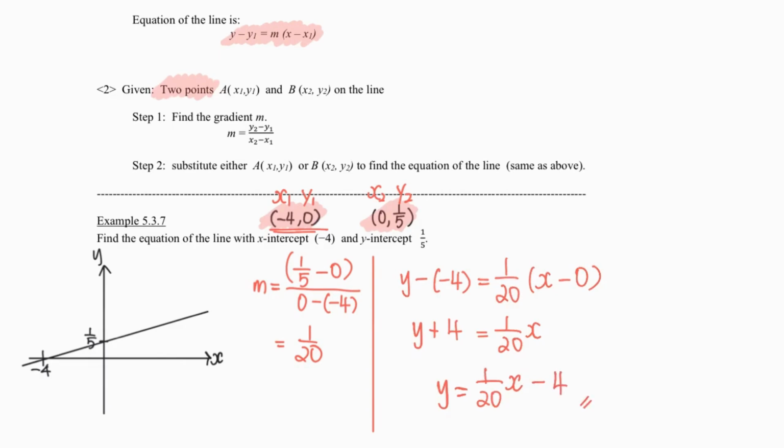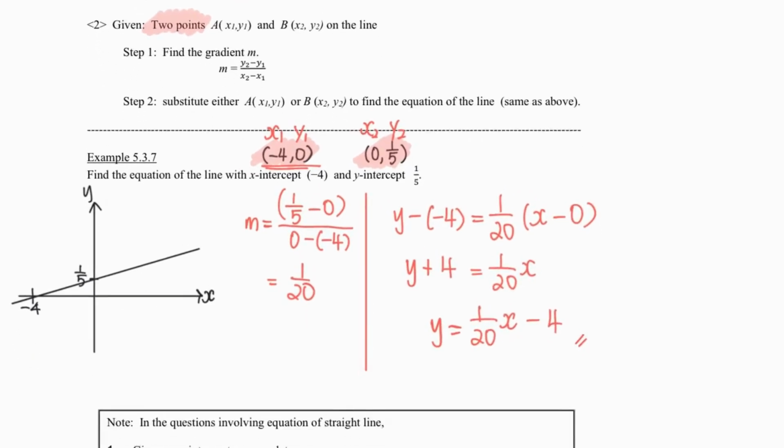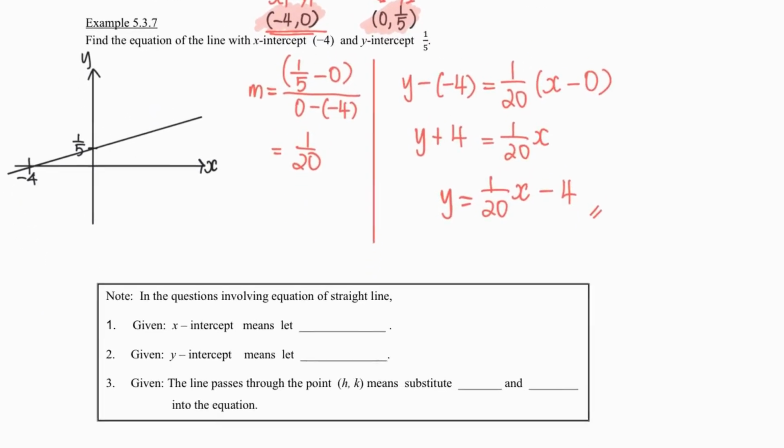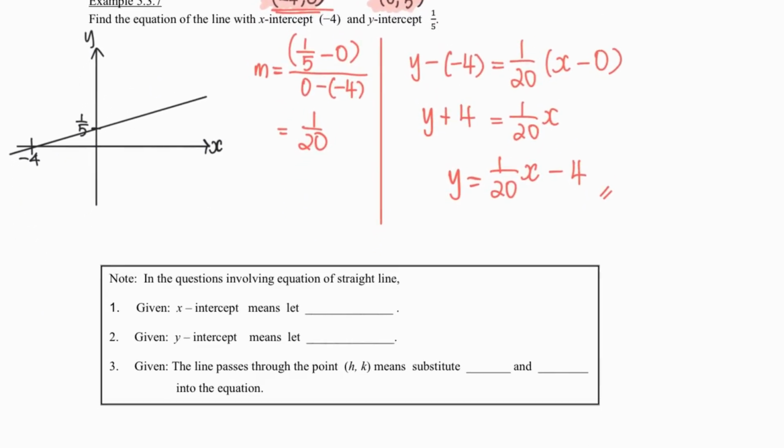And we have come to the end of this video. But last but not least, let's just do a quick sharing of some notes and tips. If you are given x-intercept, it means let y equals to 0.